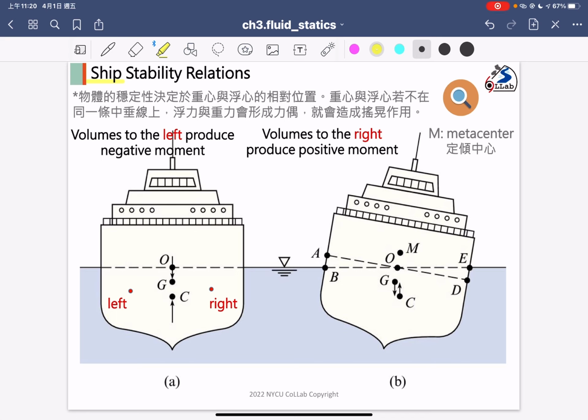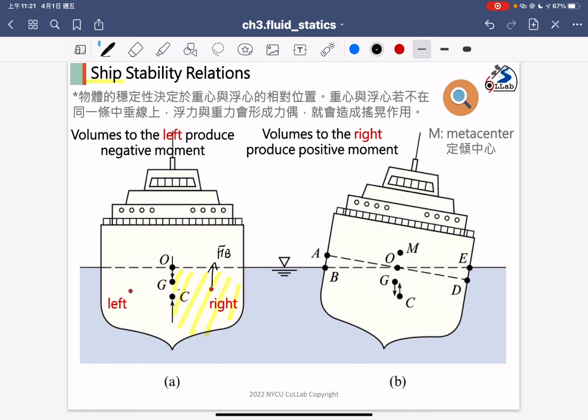So the right-hand side here, and I put a point here. In that case, we will have a buoyant force, right? Because the yellow area is immersed into the water, or into the liquid. So what is the moment for this problem? By your right hand, you can do the curl.